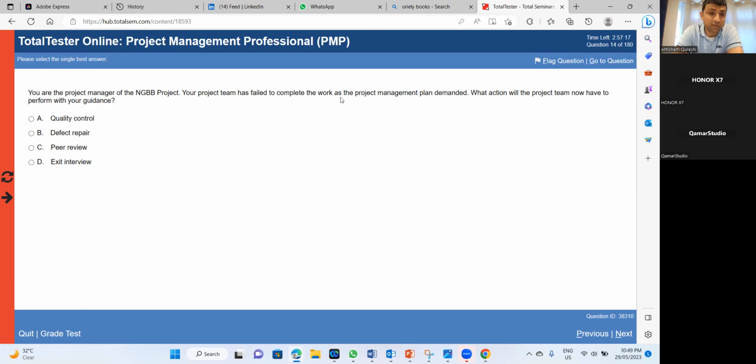Peer review would have helped in a preventative way, to prevent the work from getting missed. But now it's a problem of corrective action. So now we know that we have to do the repair.